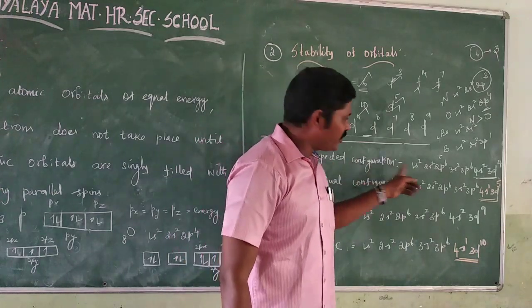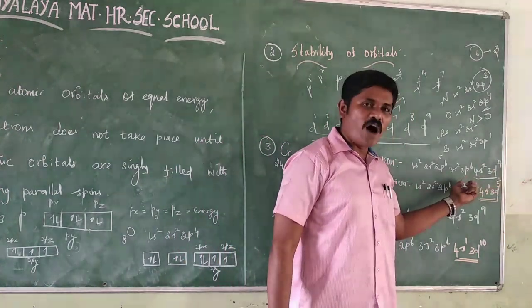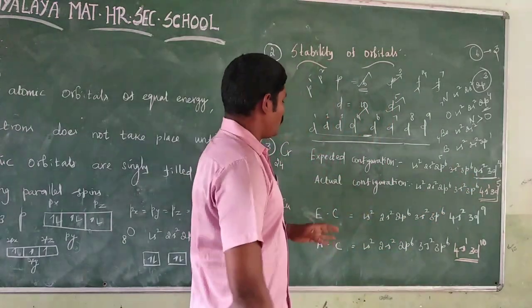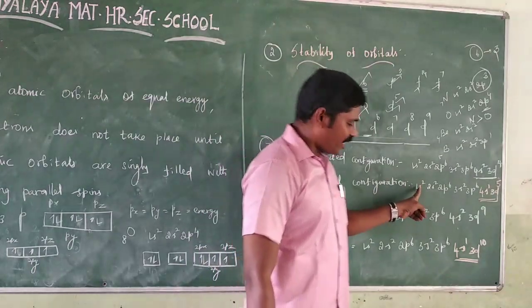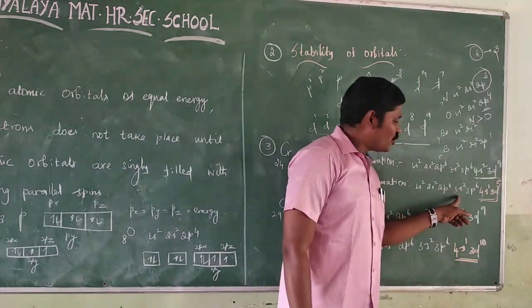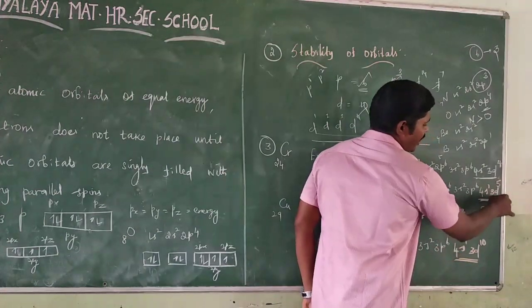But according to Hund's rule, the actual electronic configuration is 1s2, 2s2, 2p6, 3s2, 3p6, 4s1, 3d5.